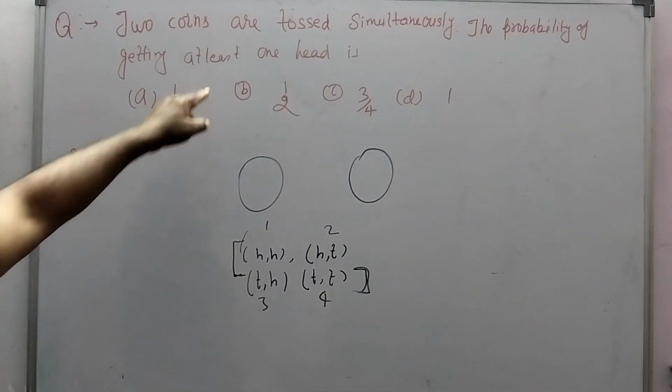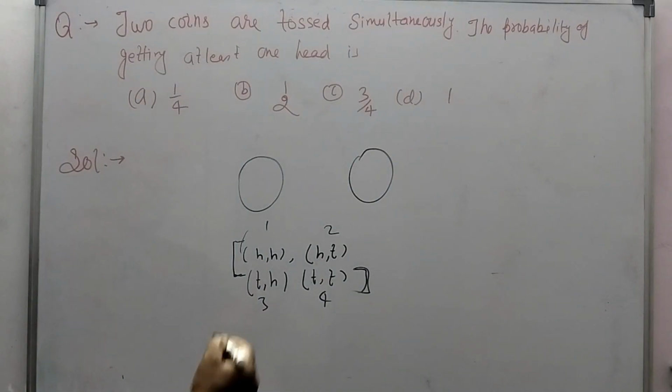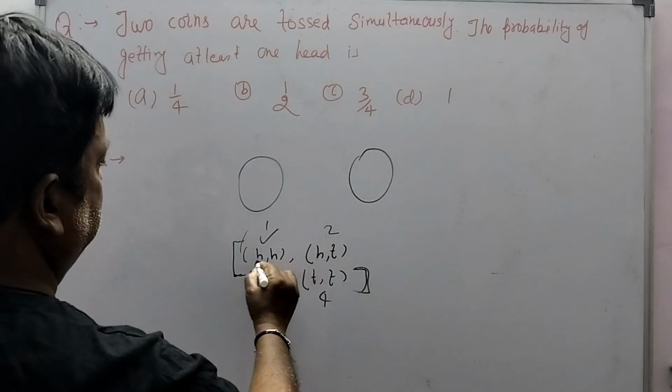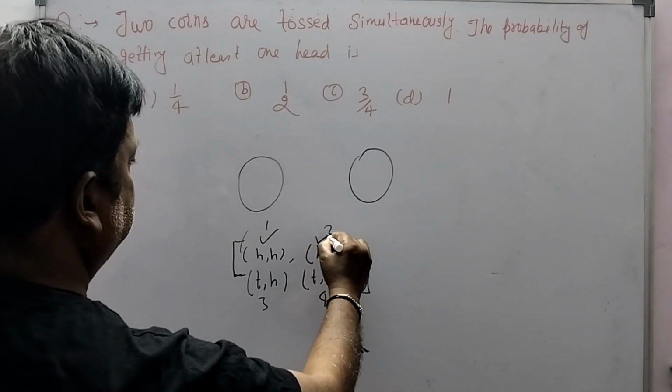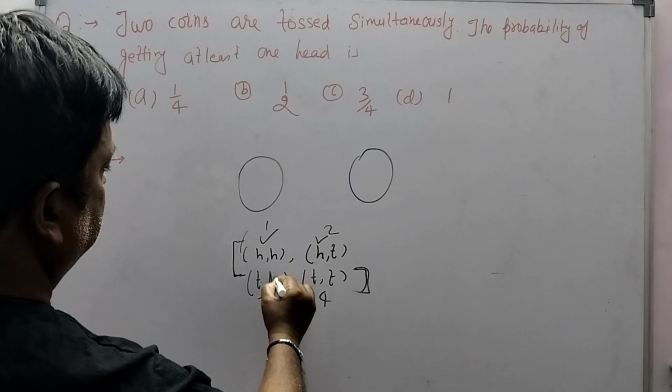Favorable outcomes is at least one head. Any sequence can show head. So both heads can be taken as one kind of head coming. This also can be taken as a second kind of head coming.